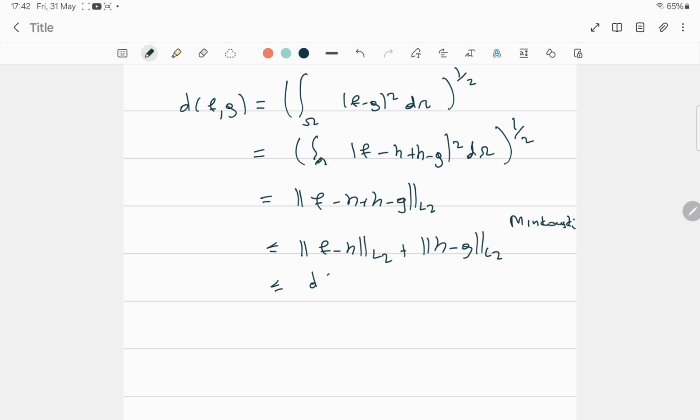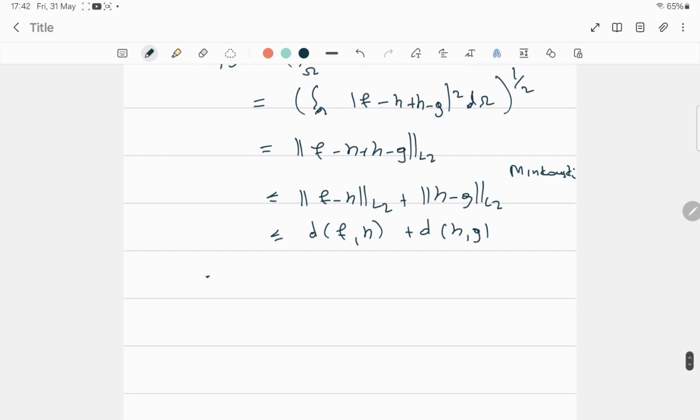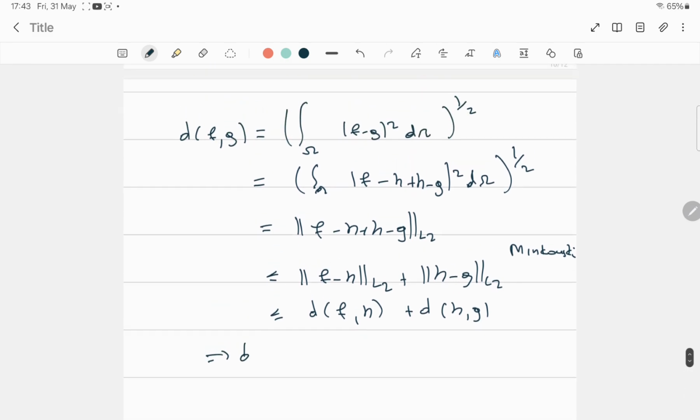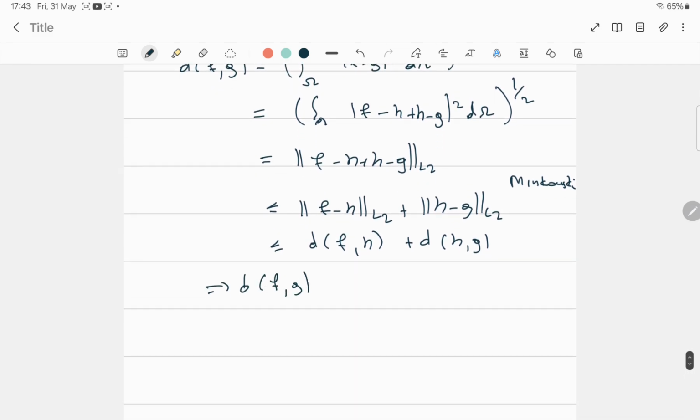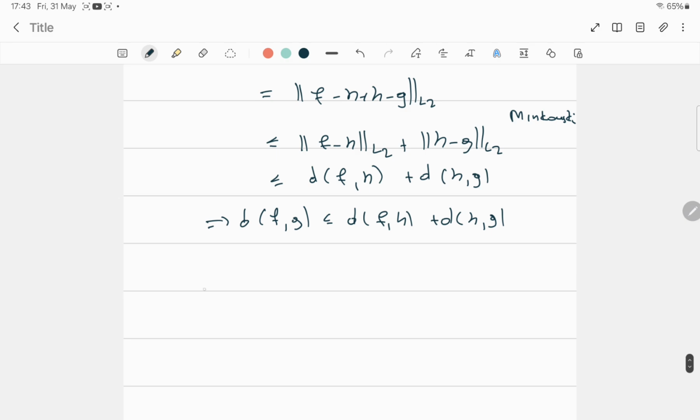And this is d(f,h) plus d(h,g). So the third property is satisfied.